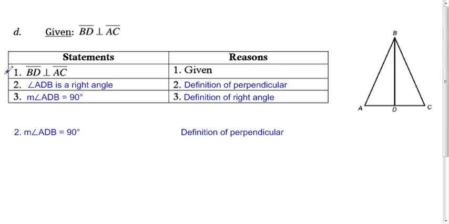So we could have instead gone like this. But then our reasoning would be definition of perpendicular instead. So be careful with what you're stating. So the second step really isn't necessary, but it's correct, and that's where the third step would come from. But we've been allowed to just jump to 90 degrees. So you draw a little square in the corner.